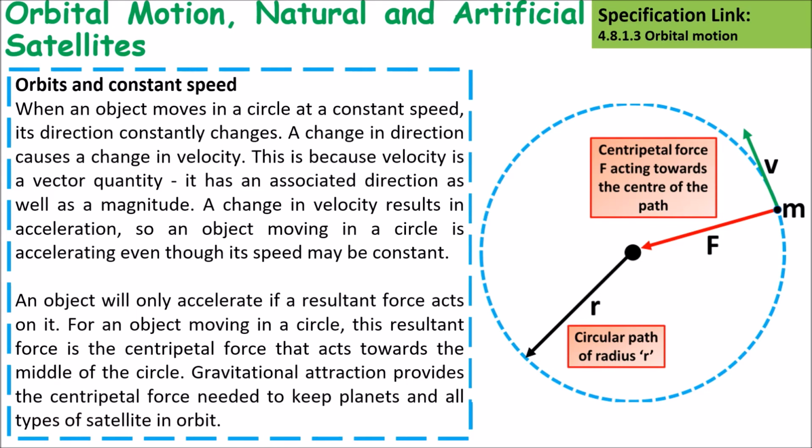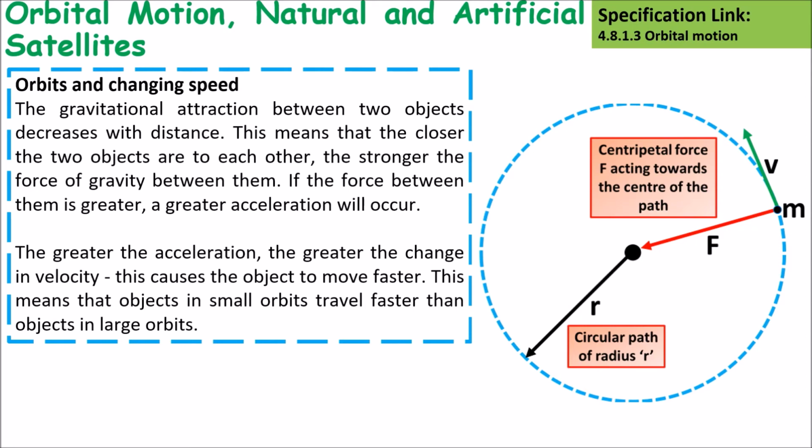An object will only accelerate if a resultant force acts on it. So for an object moving in a circle, this resultant force is a centripetal force that acts towards the middle of the circle. Gravitational attraction provides the centripetal force needed to keep planets in orbit.